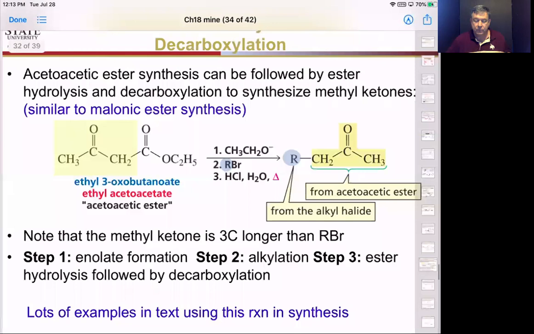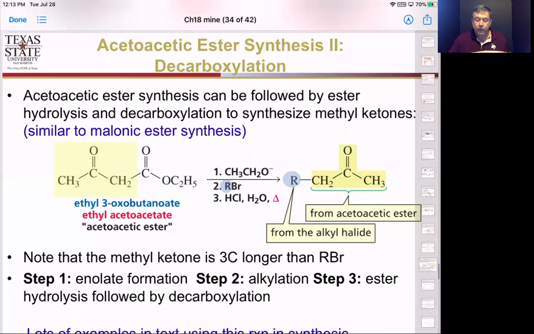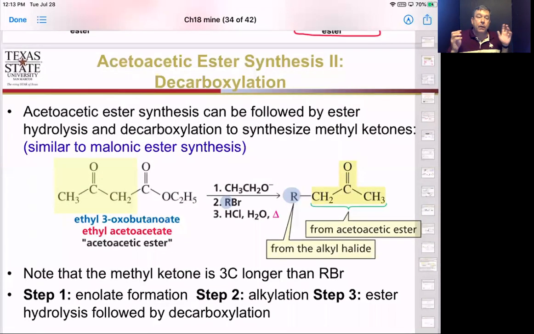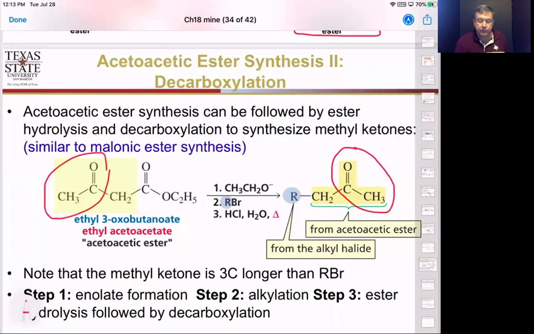Okay, so the thing to look for in this acetoacetic ester synthesis is that we're going to be ending up adding a total of 3 carbons to the end of whatever alkyl chain you had as your alkyl halide that you were attacking with, and you're going to end up with a methyl ketone at the end, which is this portion here.